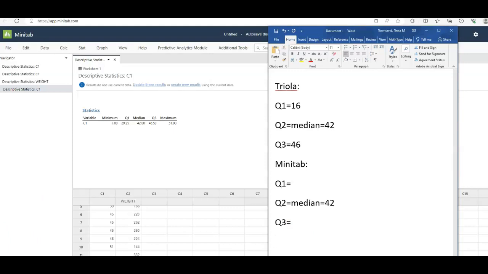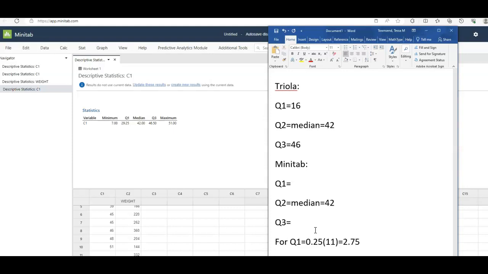It looks at the bottom 25% of data for quartile 1. And it says that we're going to take 1/4 times n plus 1. N is the number of items here. So 1/4 times 11. And that's going to be 2.75.